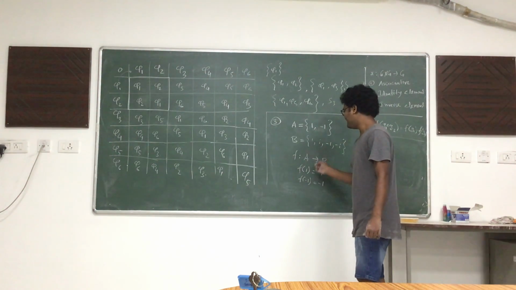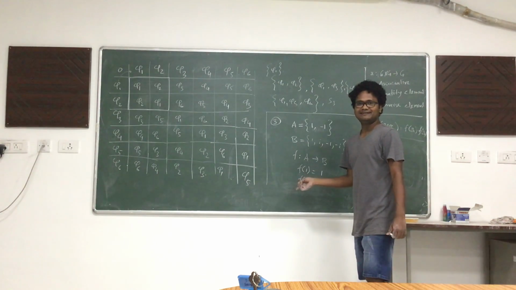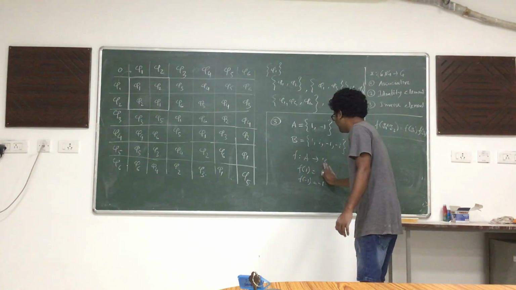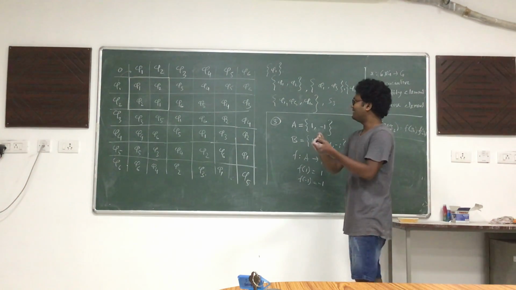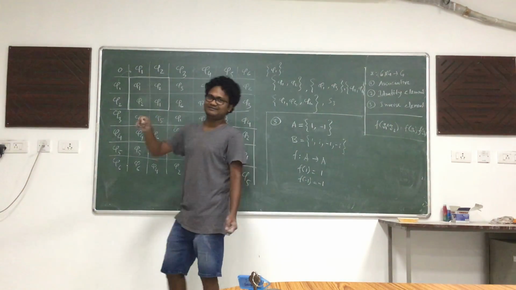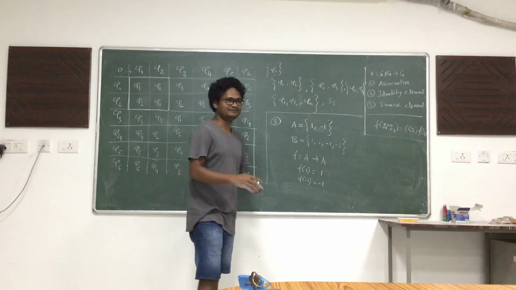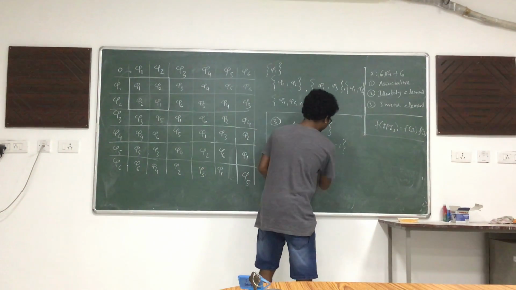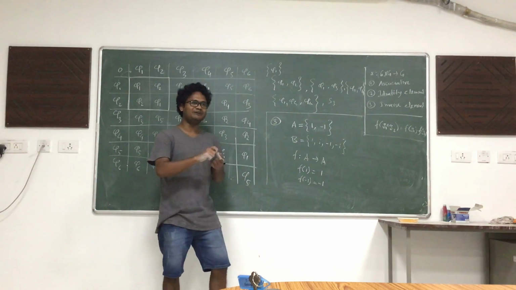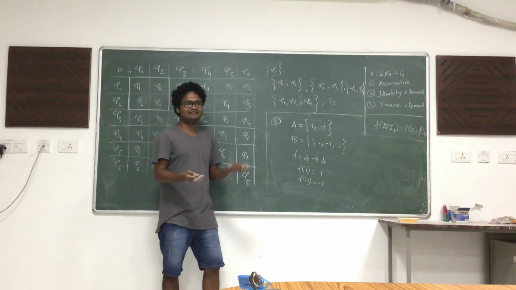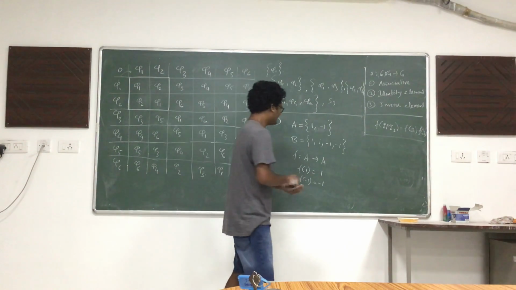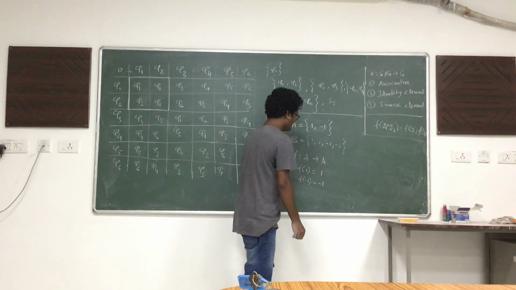If we replace B by A, then it's the identity map. I'm sending one element to itself, so it has to be a homomorphism. If sending the same element to the same element does not preserve the structure, then what will you do? Okay, fine. So this is a homomorphism.